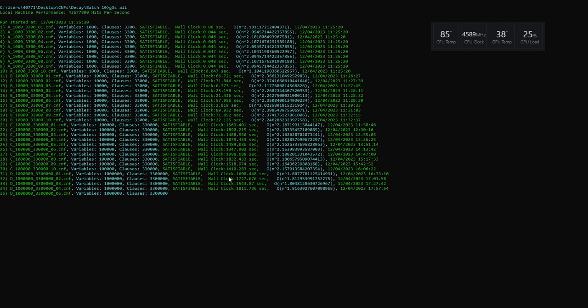The raw runtime is very close to the previous batch, the C batch, in the range of 16, 17, 1800 seconds, so half an hour, while the search space grew exponentially from 100,000 variables up to 1 million variables and 3.3 million clauses.